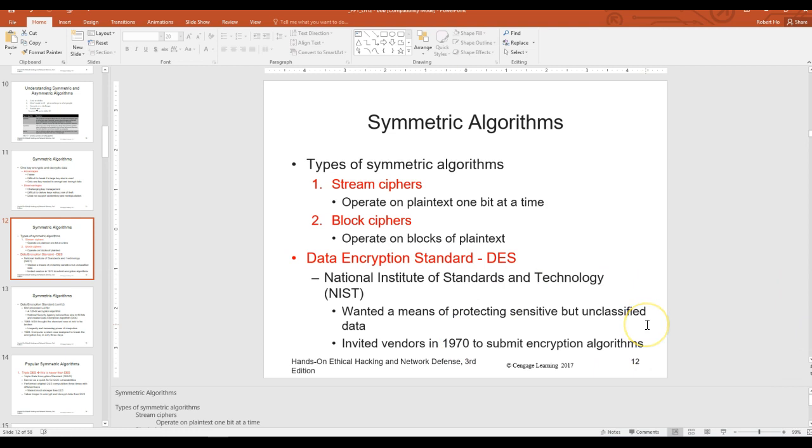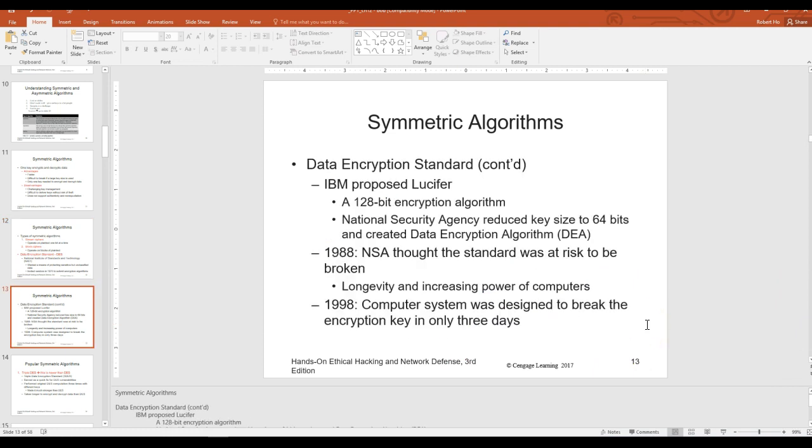This type of algorithm is not popular because they are known for their vulnerabilities, okay? So, in 1988, NSA thought that the standard was at risk of being broken, right? So, it's not widely used anymore.